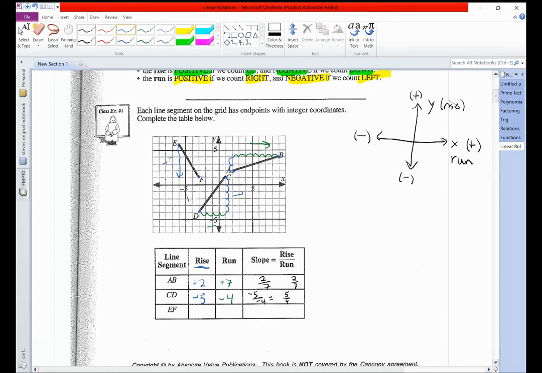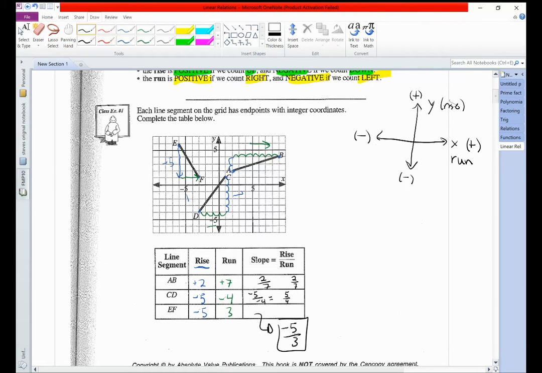So that's going to be negative 5 for our rise. And our run from there is going to go 1, 2, 3, but that's in the positive direction, so we can just write 3. So in this case, our slope is going to be -5/3. And if it's just one negative, it stays negative.